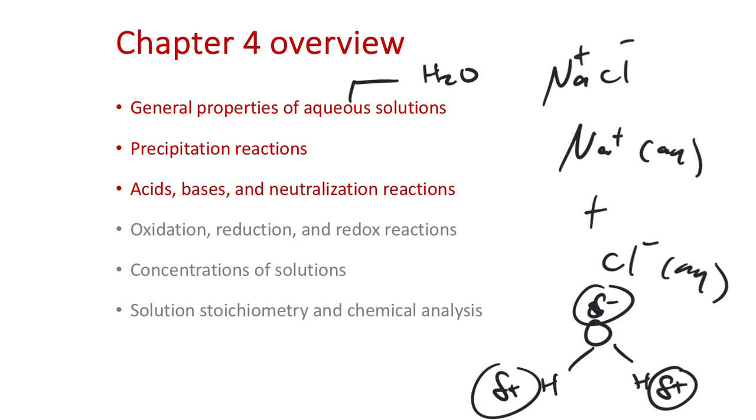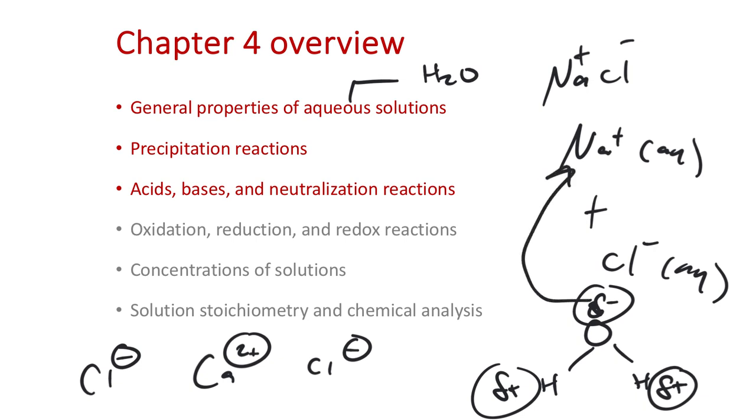It's not like a -2 charge and a +1 charge on the O and the H like an ionic compound would have. Like if I had calcium chloride, I would have a distinct 2+ charge, and I'd have chloride ions with minus charges, and I'd have these actual charges that are very strong due to those electrostatic forces of attraction. But water has partial charges. It has some charge building up on O, that's negative, some charge building up on the H, that's positive. The oxygen will surround the positive charge on sodium, and the hydrogens of water will surround the negative charge.